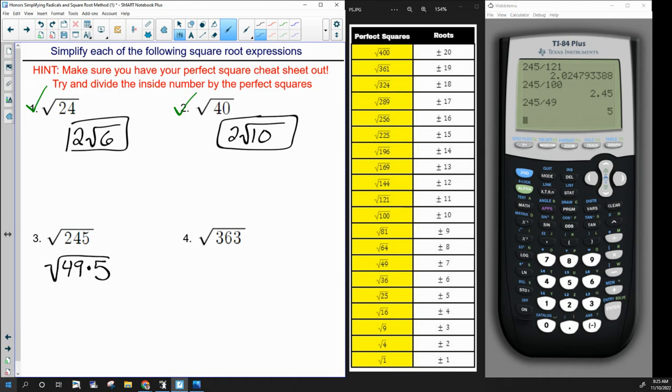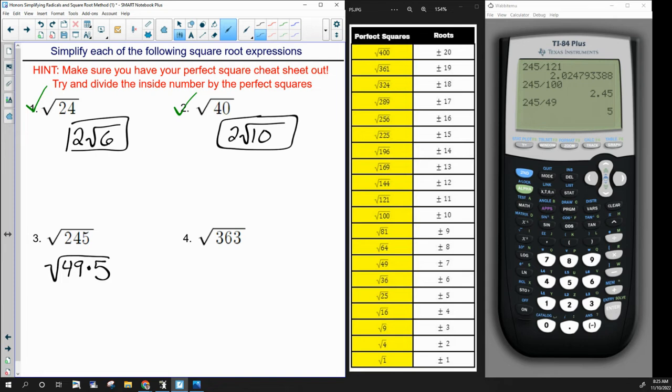All I've done is rewritten it in a way that's helpful. This is helpful because do we know what the square root of 49 is? Yeah, it's 7. That's why we're picking perfect squares, because we know what the square root of them are. Numbers like 245, I don't know what the square root of 245 is. And I can't just type it in my calculator because I don't want a decimal.